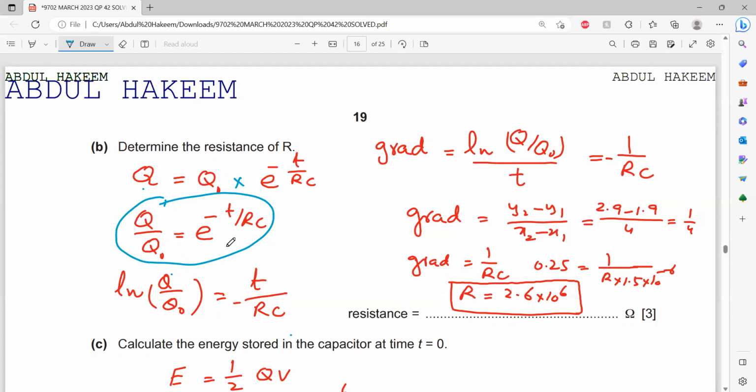Now, this can be written as gradient is equal to ln Q over Q naught over t, because gradient is equal to change in the y-axis divided by change in the x-axis.